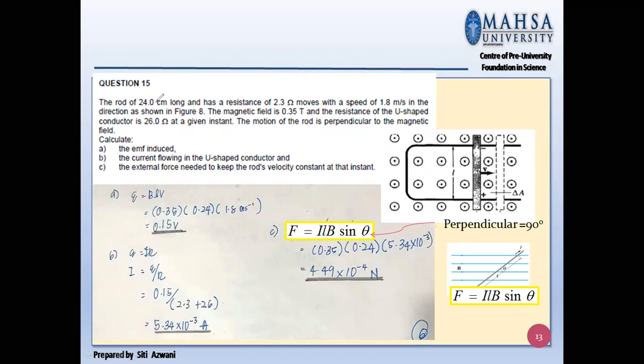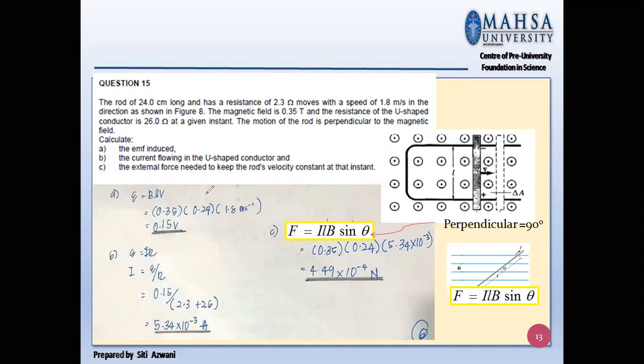The length of the rod is 24 cm, the resistance of the conductor is 2.3 ohm, and the velocity of the conductor is 1.8 meters per second. The magnetic field B applied is 0.35 Tesla, and you have a U-shaped conductor with a resistance of 226 ohm. The motion of the rod is perpendicular to the magnetic field B.